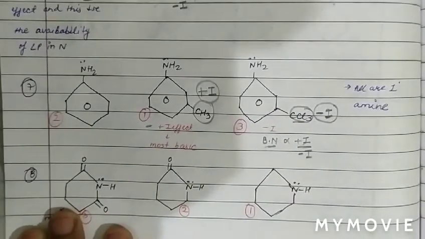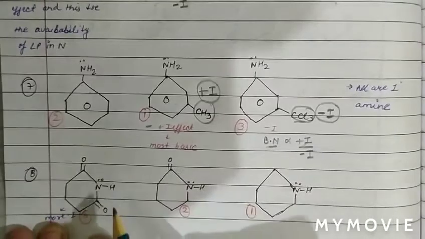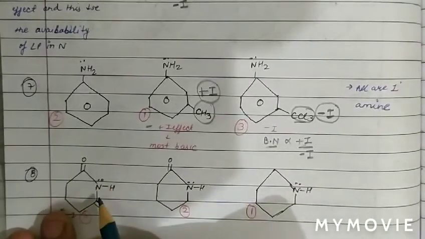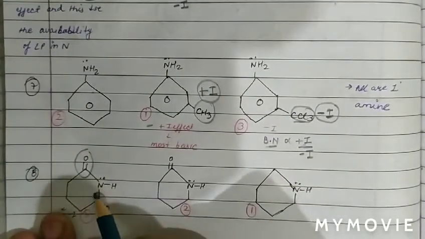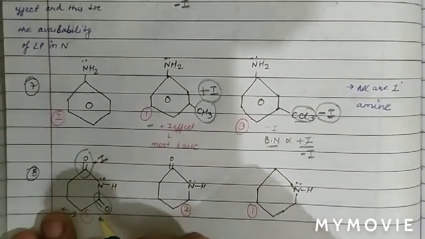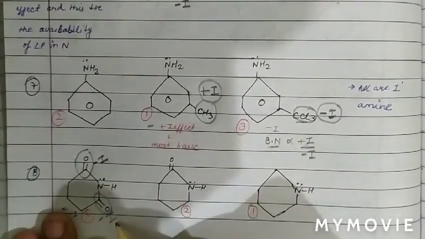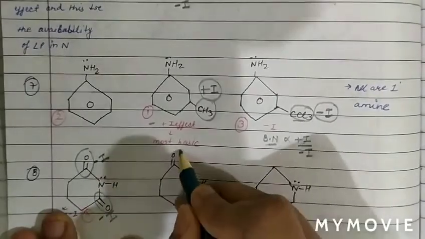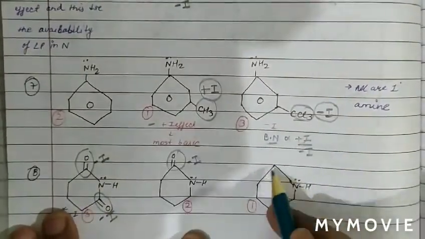Now see the next question for comparison of basic nature. We have to compare the basic nature. As we know, there are two C double bond O groups. Basically these groups are minus I groups. Two minus I groups are attached here. Here it is one minus I group, and here no minus I group.